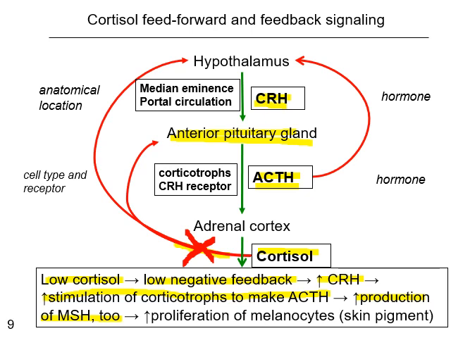So increased CRH and increased stimulation of the corticotrophs to make ACTH has a secondary effect of increased production of MSH. Increased production of MSH leads to increased proliferation of melanocytes and their production of melanin.